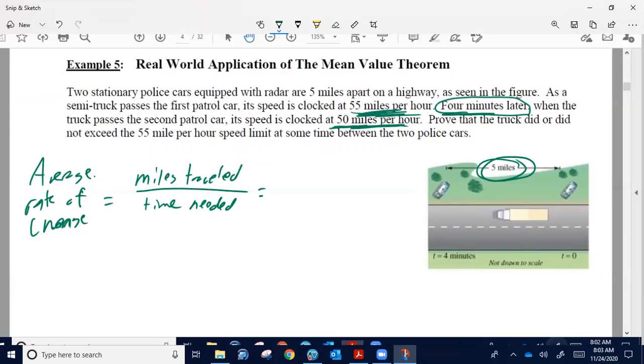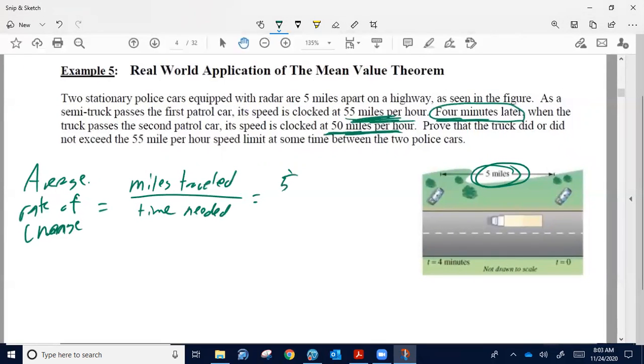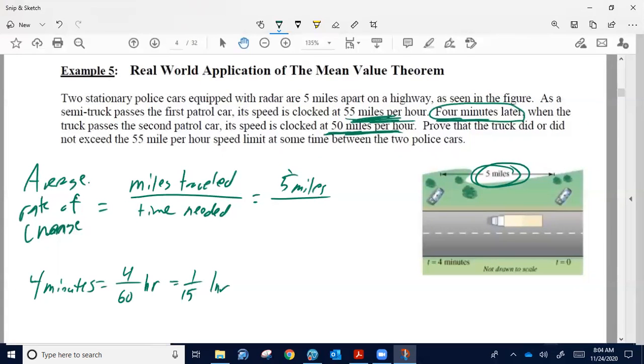Well, he went 5 miles in 4 minutes. Now, 4 minutes in hour term would be 4/60ths of an hour, which is 1/15th of an hour.